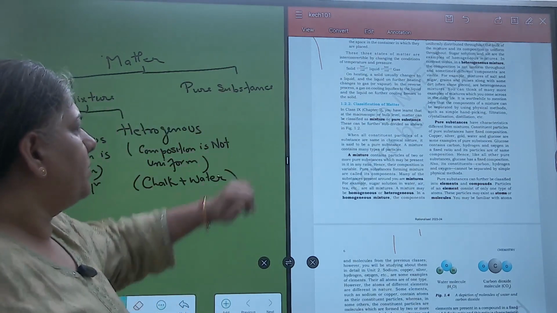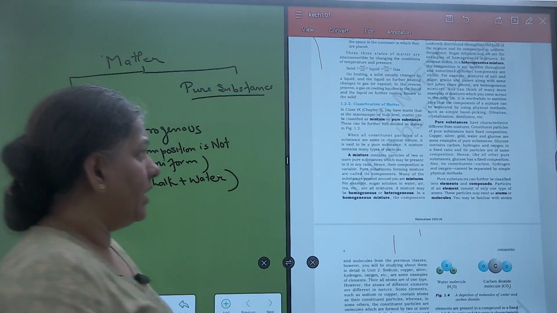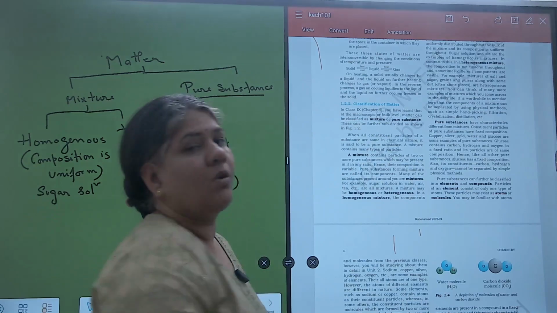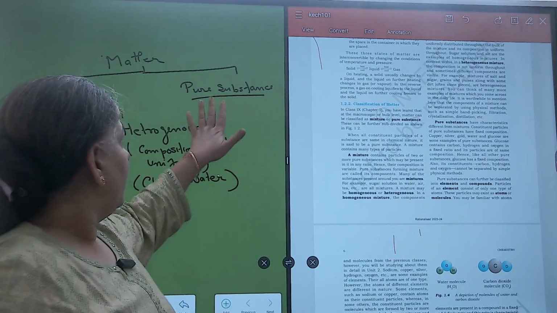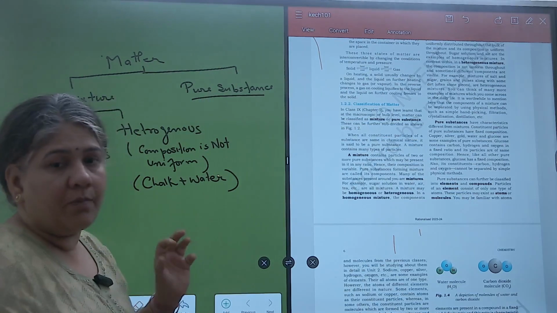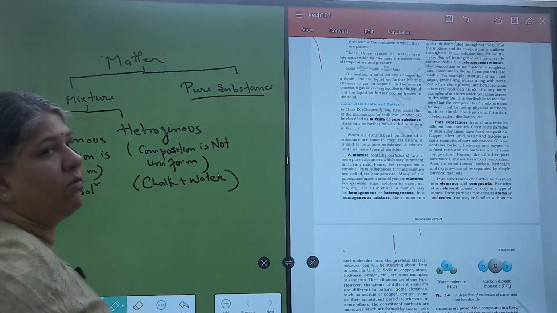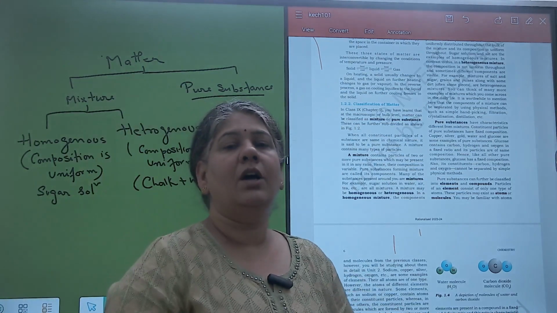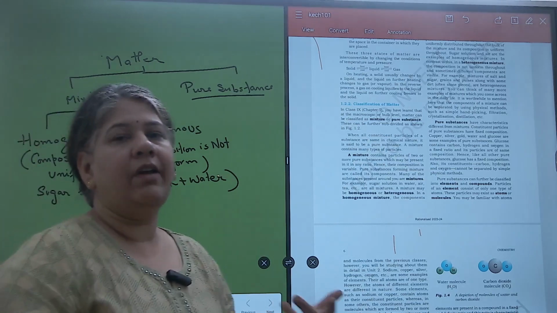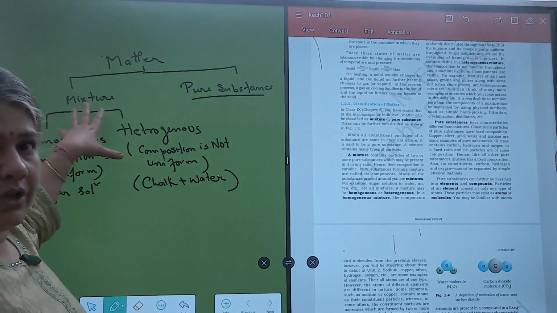Then if we talk about pure substances, the definition says that the constituent particles of a pure substance have fixed composition. So in pure substances composition is fixed, whereas in a mixture composition is not fixed. Pure substances will have a unique formula or a symbol, whereas mixtures do not have any formula or symbol because composition is varying.